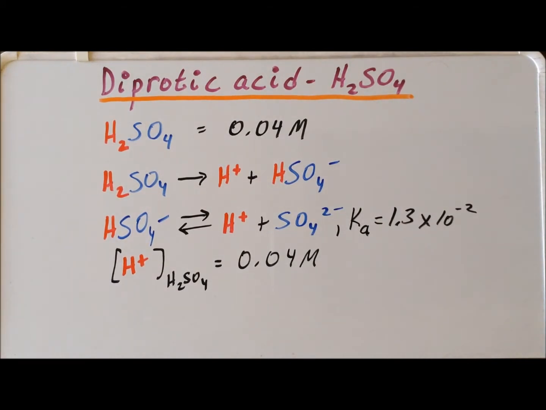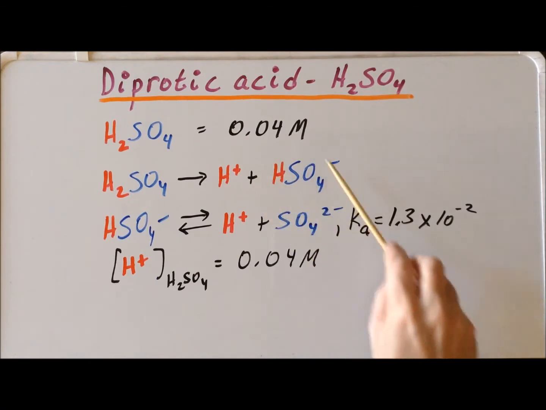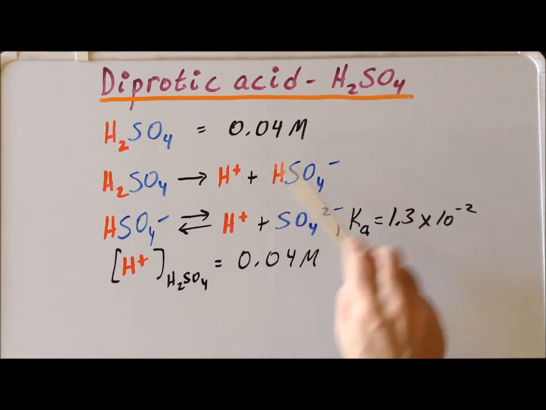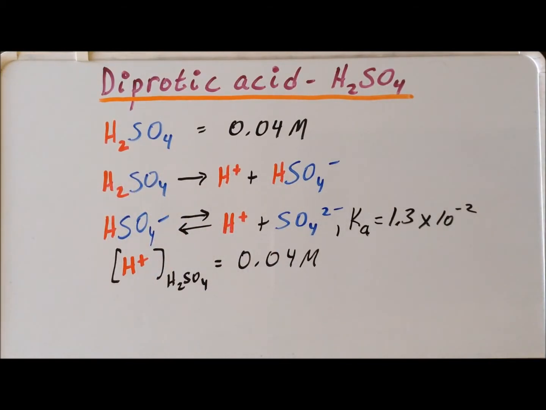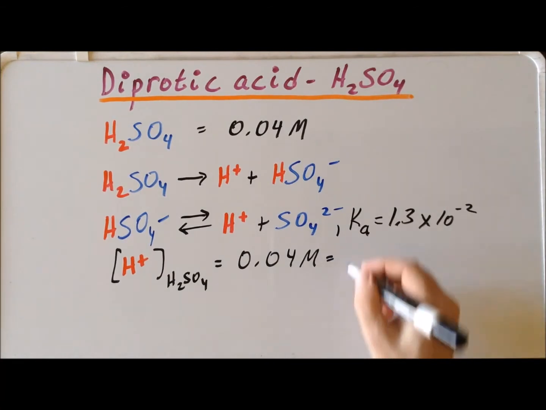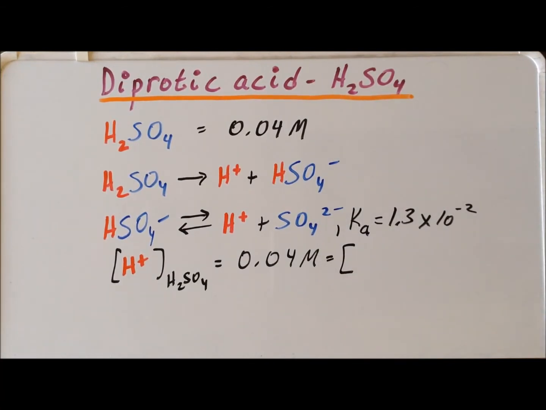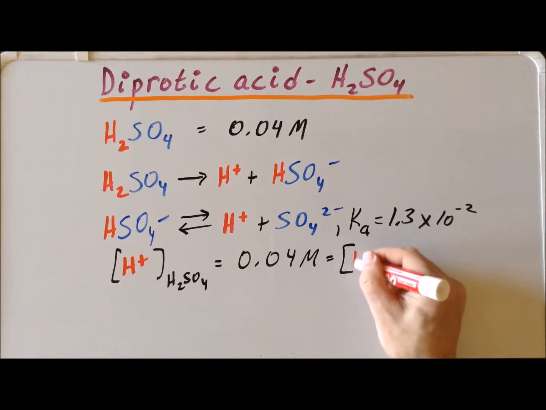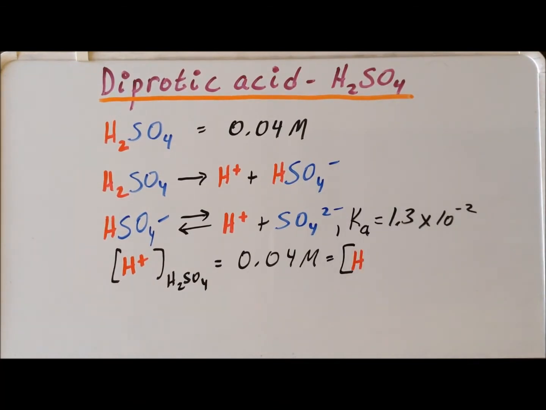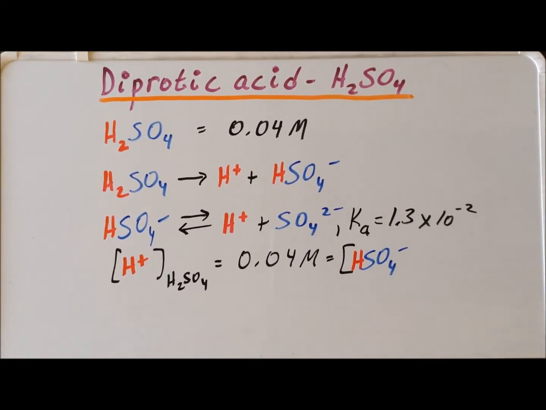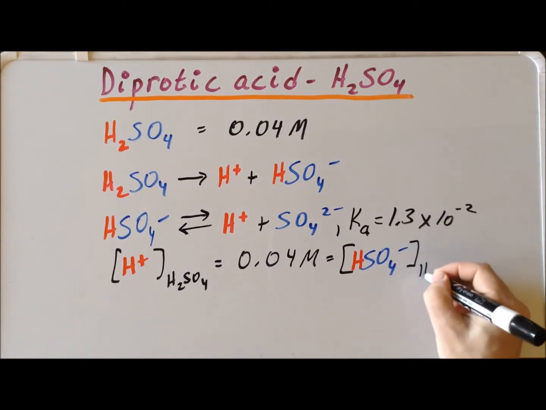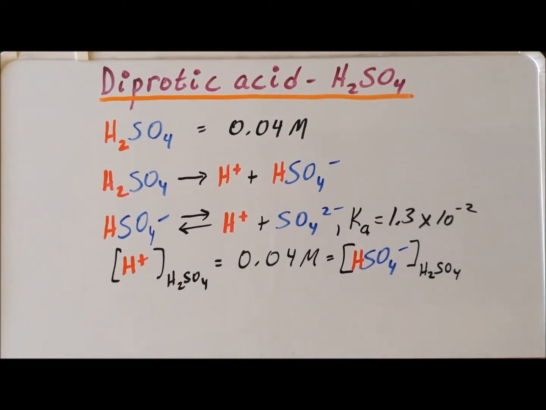By the exact same reasoning, we know that the concentration of bisulfate ion, at least the amount of bisulfate ion that is created from the dissociation of sulfuric acid in the first step, also has to be equal to 0.04. So we'll put this down here. And we put clearly H₂SO₄ to show that this is the amount of bisulfate that's generated in the first step.